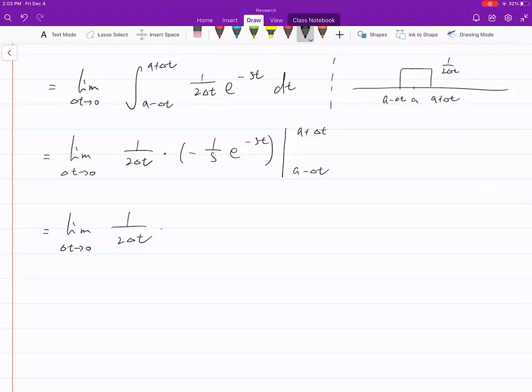Okay, how do I write this to make it look nicer? Let me take the negative sign out. Let's put 2 delta t here: e to the negative s times A plus delta t, minus e to the negative s times A minus delta t.